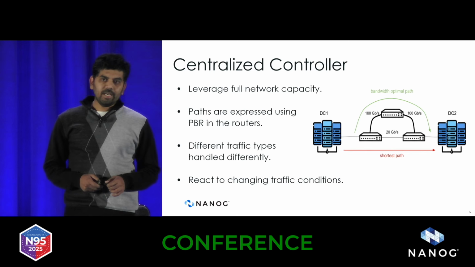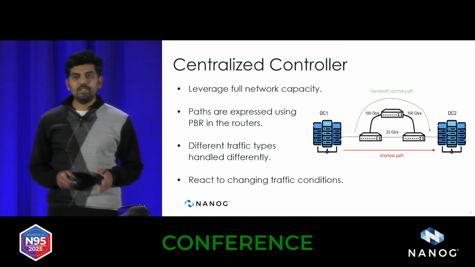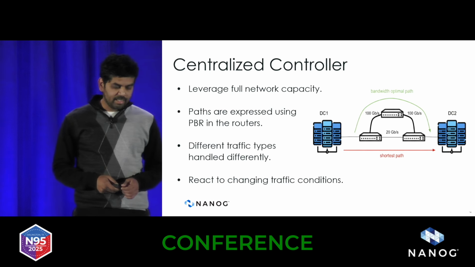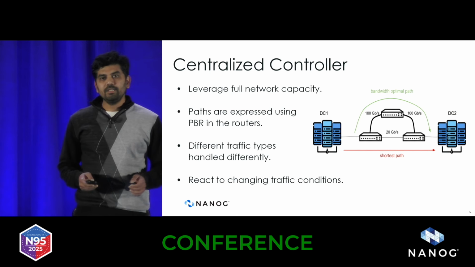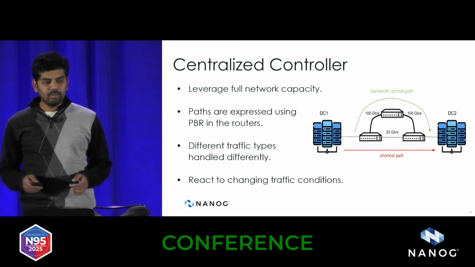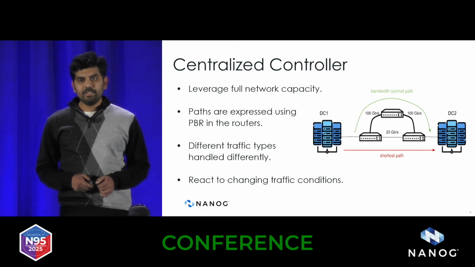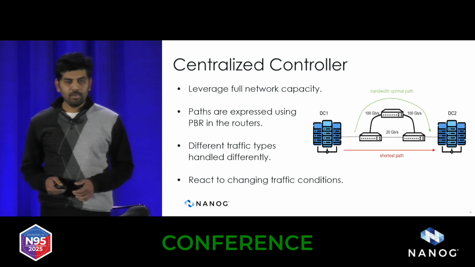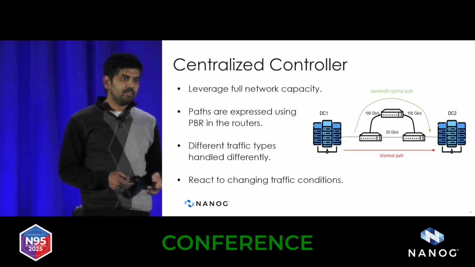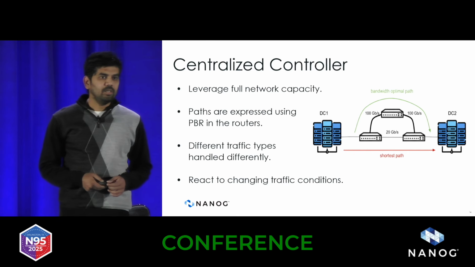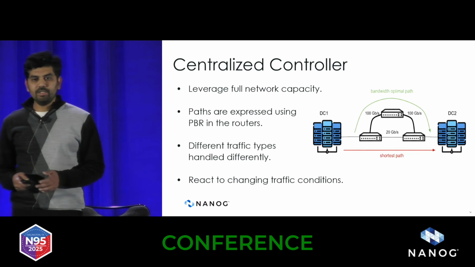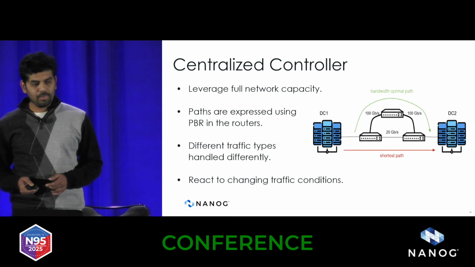In our software stack, the front and center is our centralized controller, which does the traffic steering. As Prashant said, the centralized controller takes advantage of the holistic view of the network and takes care of the entire capacity. We also compute paths for every traffic demand and convert those policies into policy-based routes in the network devices.